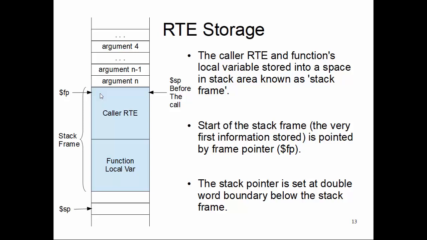That register stores that address, and from that address and below is your caller runtime environment. Let's say you are overwriting A0 and A2, you stored the values there. You are overwriting S1 and S2, you store them back there, and you are also using S7 and S6, you stored them there, and so on and so forth. Then come your function's local variables.